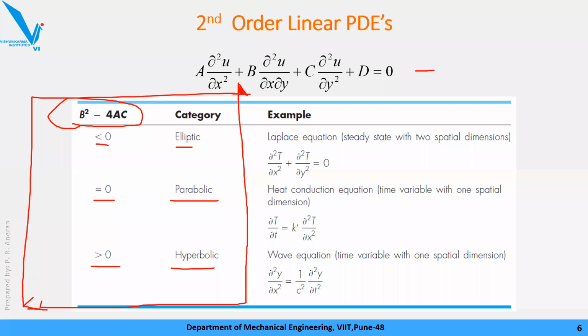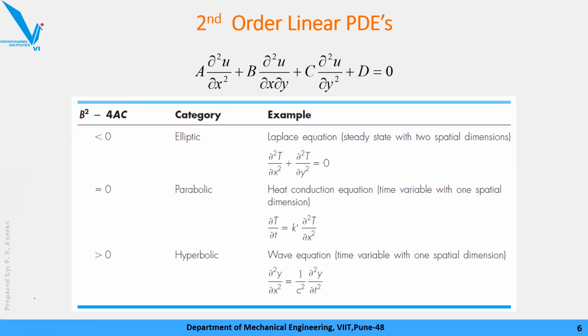Now, once you identify what category of equation you are handling, based on that you can implement a typical technique. To solve an equation of the elliptic category, there is a set of steps which you need to follow.